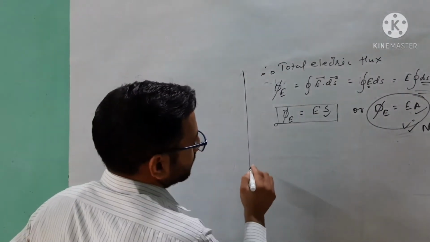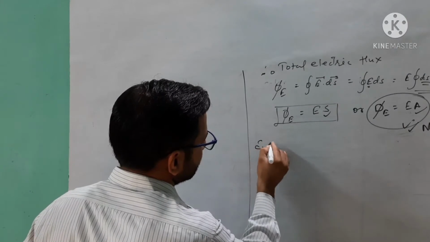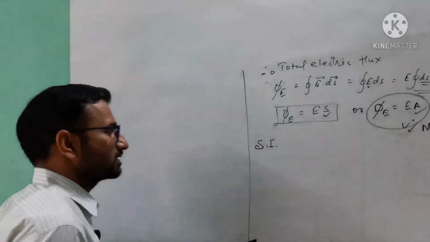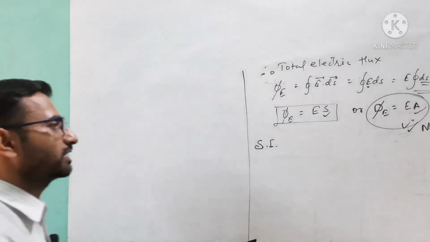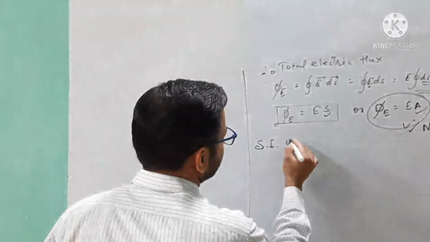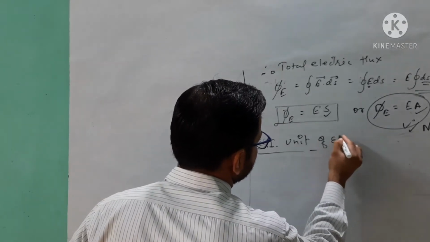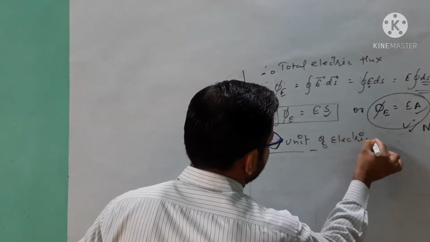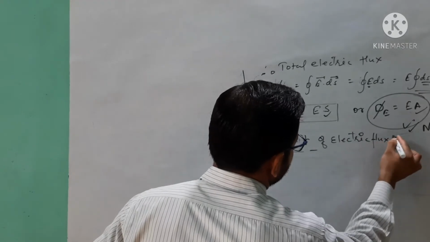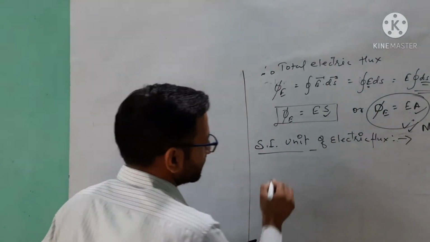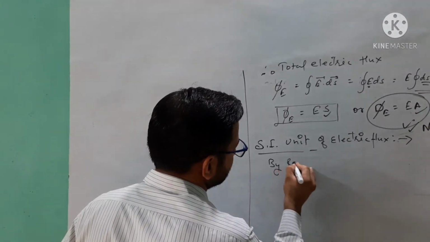After that we will talk about the SI unit first, because here the formula is ready, so we can easily identify the relation. The SI unit of electric flux, as we know it is a scalar quantity, so it has some SI unit. From where will you calculate it? From this relation.